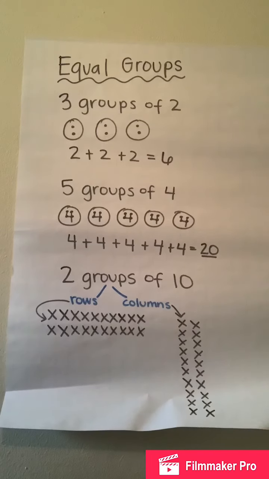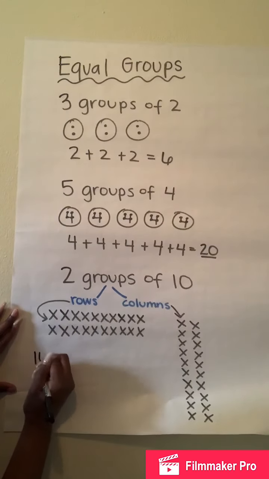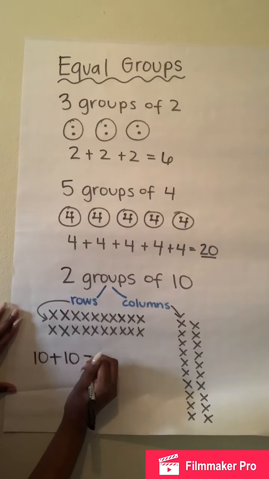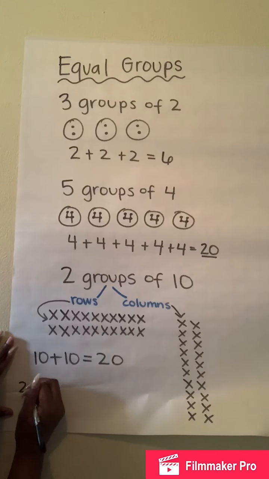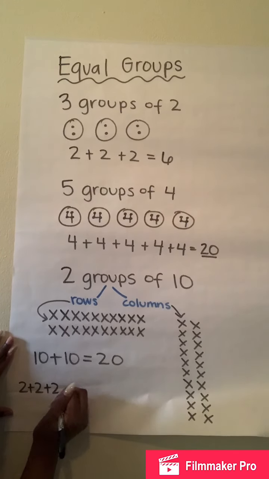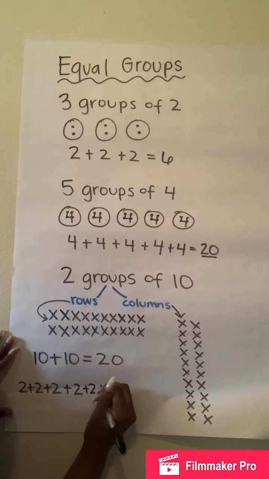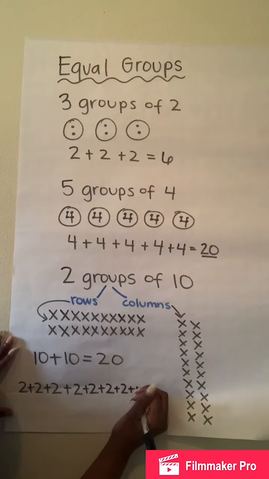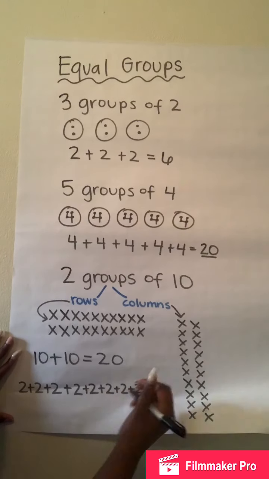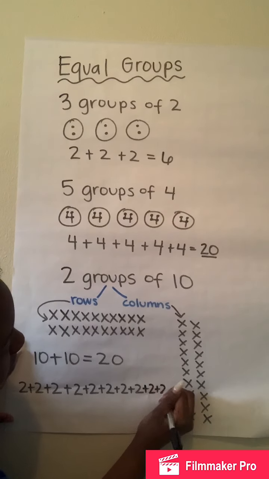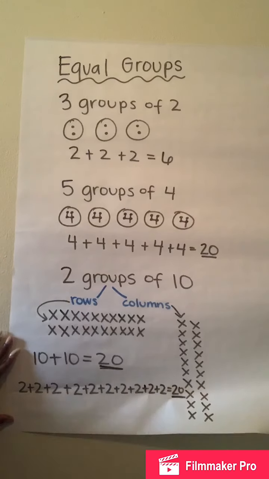So I could draw it either way. And that would simply be 10 plus 10 equals 20. Or 2 plus 2 plus 2 plus 2 plus 2 plus 2 plus 2 plus 2 plus 2 plus 2. Equals 20. Either way.